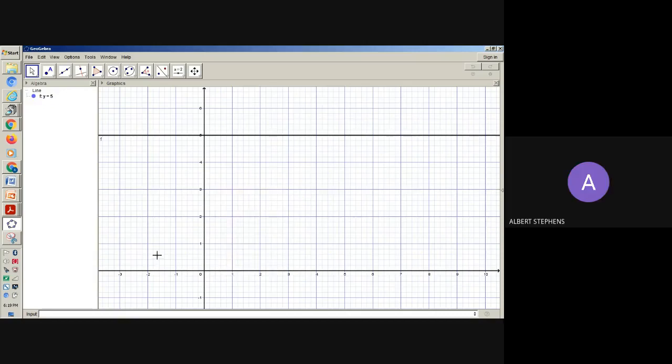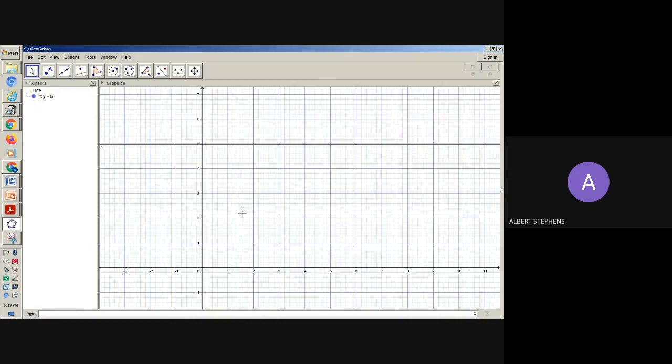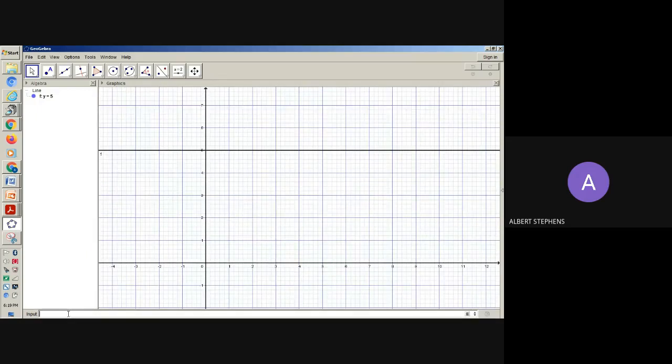All right, okay. Suppose I say, listen carefully now, shade the region y greater than or equal to 5. I'll shade where 5 is going up.